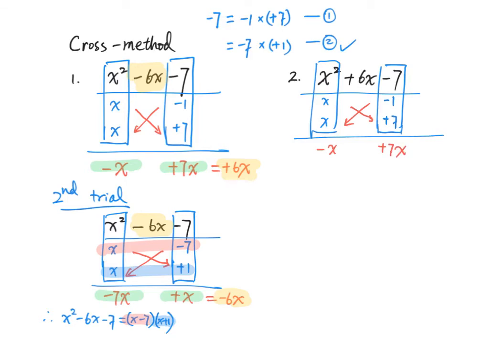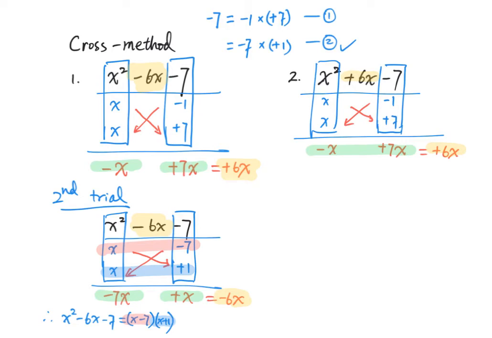For these two terms, -x plus 7x equals +6x, which is exactly the same as our middle term. So this is the correct way to factorize.